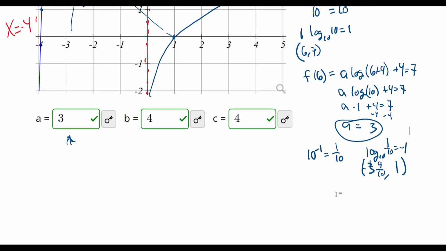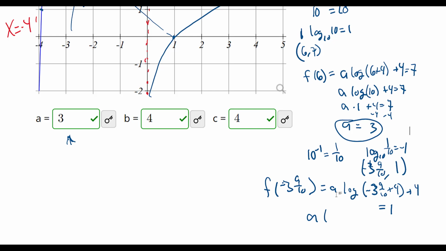I mean, if you did that one, f of negative 3 and 9/10 would be a times log of negative 3 and 9/10 plus 4, plus 4. And that's going to equal positive 1.